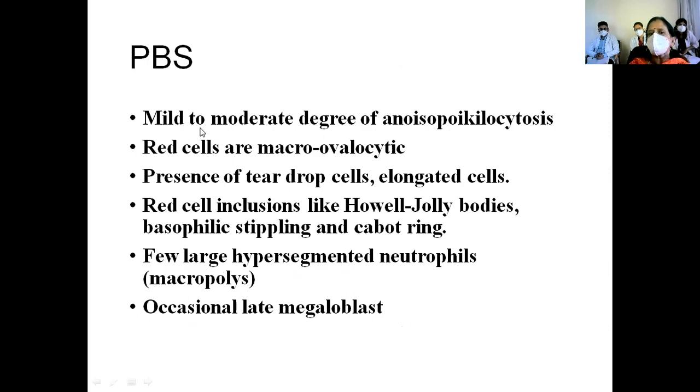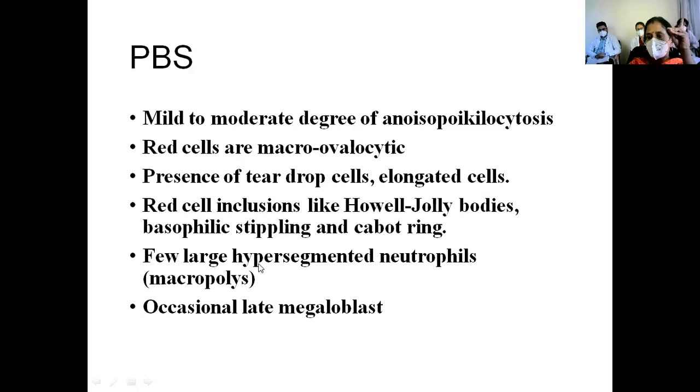So say RBCs show mild to moderate degree of anisopoikilocytosis. RBCs are macrocytic predominantly, but they're oval. That means oval macrocytes are seen. There could be teardrop or elongated cells, leave that. Red cell inclusions like Howell-Jolly bodies, basophilic stippling and Cabot rings are seen.